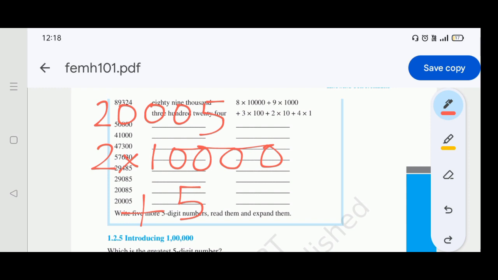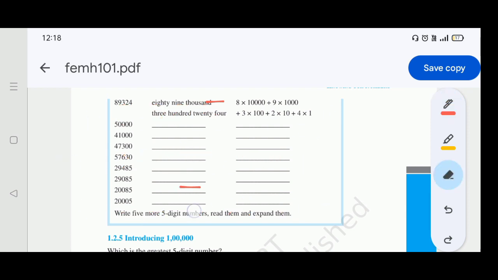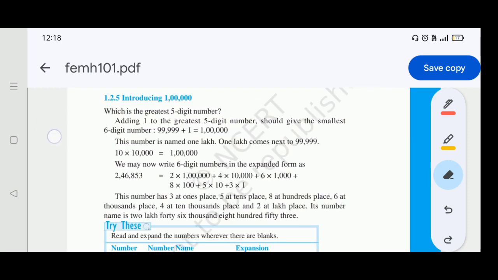So this is the expansion. So we can write 5 as 5 into 1. So 2 into 10,000 plus 5 into 1 is the expansion of 20,005. Write 5 more digit numbers, read them and expand them. So this is the activity given to you, students.